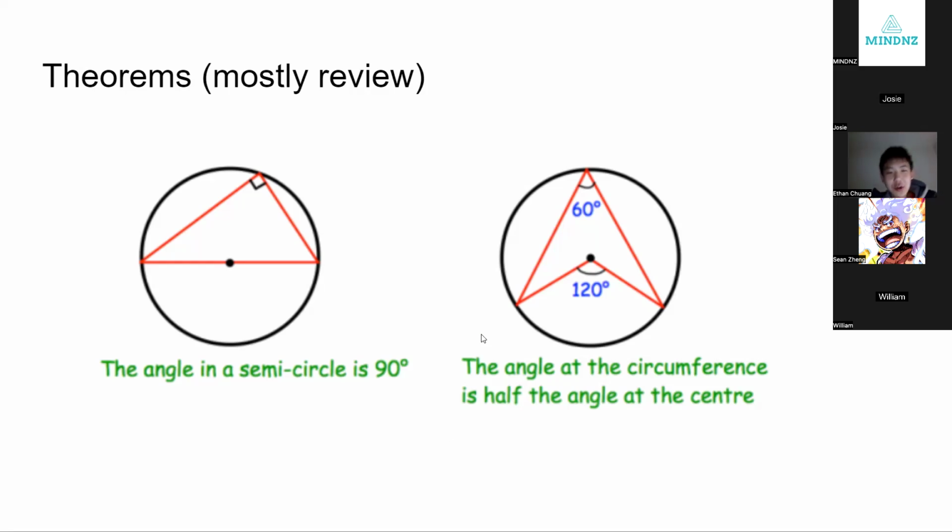Does everyone actually know why these theorems are true, by the way? Or does anyone know how to actually prove these theorems by any chance? You guys should try proving it. Okay, maybe this is an easy exercise for everyone.